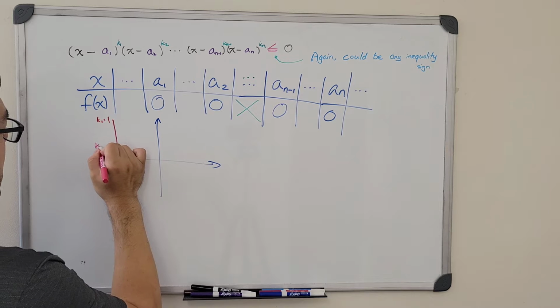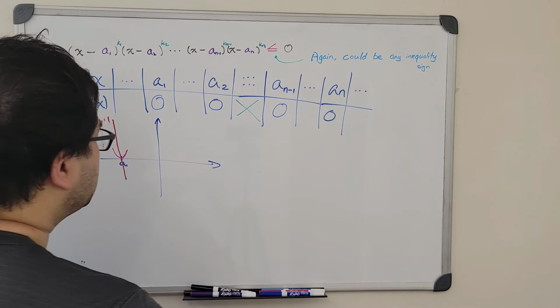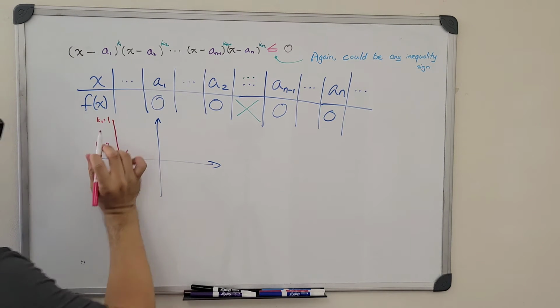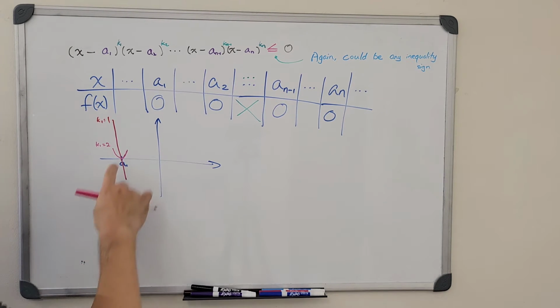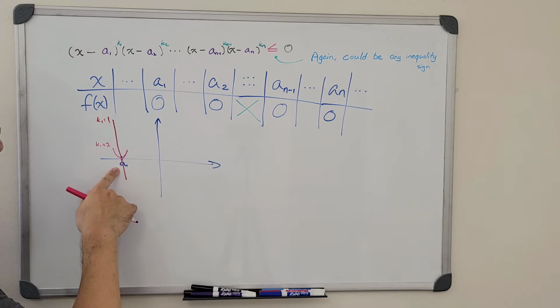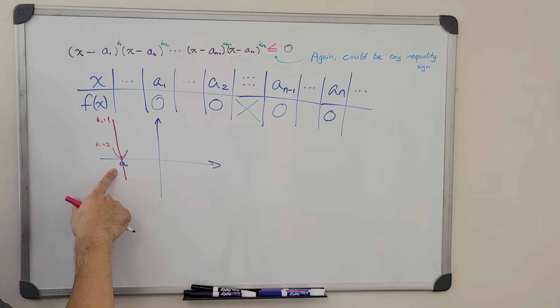Now, as you can see, even for the k1 equals 1 case, I didn't graph the whole function, and there is a reason. Right now we are only looking at the points around A1, meaning that we're looking at the graph locally around A1. In calculus we talk about relative extrema, sometimes called local extrema.